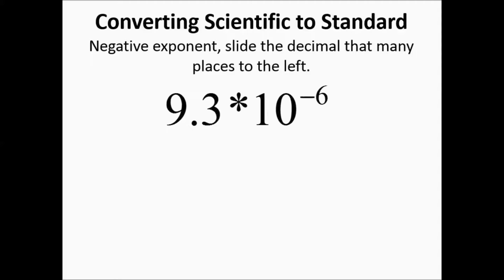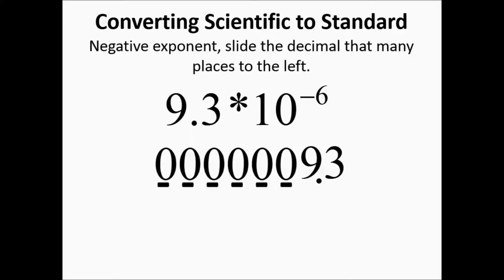So now we're going to deal with negative exponents. When you have a negative exponent, instead of sliding to the right, you slide to the left. And this one's real easy. So you're going to have the 9, 3. Your decimal's currently between the 9 and the 3. It's going to slide 6 places to the left. Now a lot of kids might say, oh, well that means you only need 5 zeros. 5 zeros are going to hold the place values, but then you also want an additional 0 in front of your decimal.